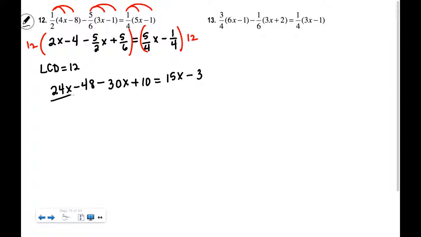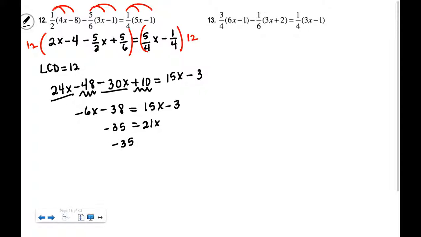All right, combine your like terms. 24 and negative 30 make negative 6x. Negative 48 and positive 10 make negative 38 equals 15x minus 3. We're going to add the 6 over to the right side. We get 21x. We're going to add the 3 over to the left side. We get negative 35.